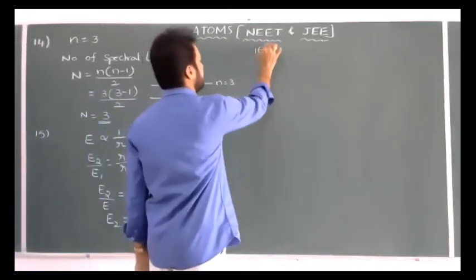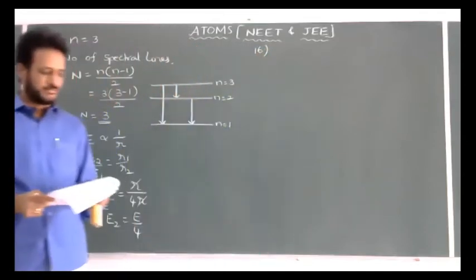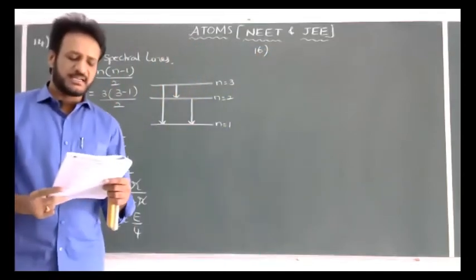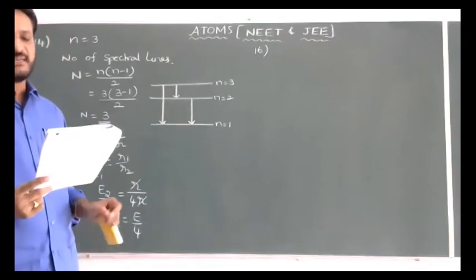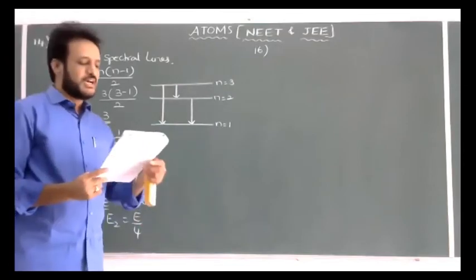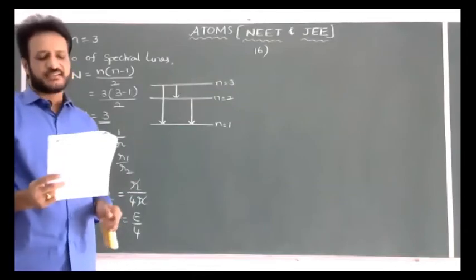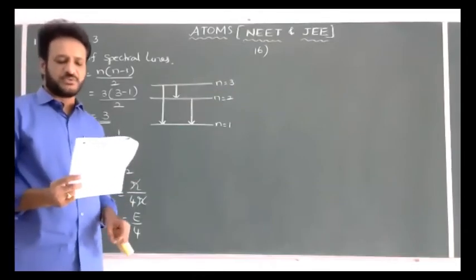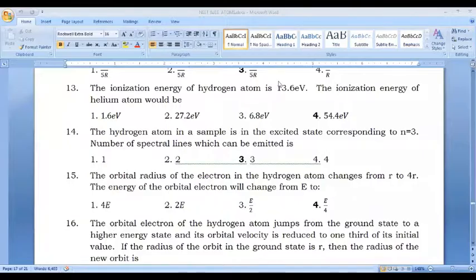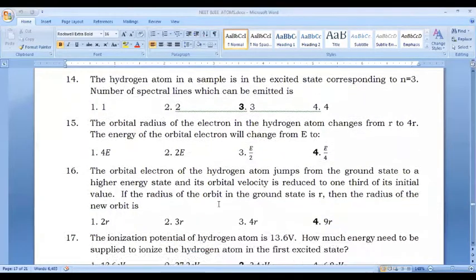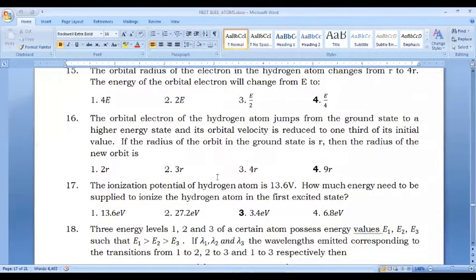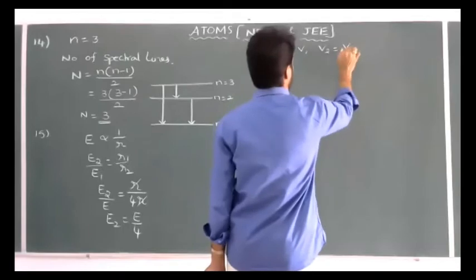Question number 16. The orbital electron of the hydrogen atom jumps from the ground state to a higher energy state. The orbital velocity is reduced to 1/3 of its initial value. So here V1 is equal to V and V2 is equal to V by 3.